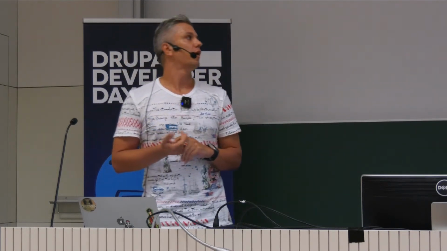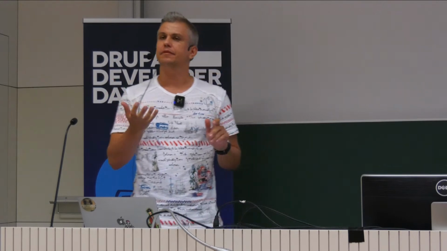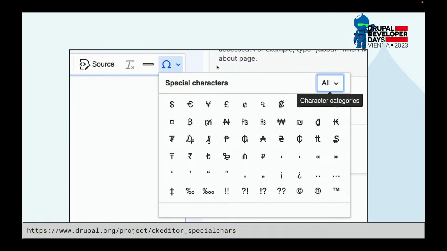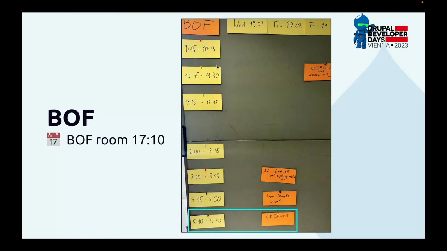He built this module for CKEditor 4, and he said, I don't have enough time, and it's very hard to wrap my head around CKEditor 5. There are too many things to go through, so maybe we can do something about it. If you haven't seen special characters, it's just a drop-down which has some categories, and in CKEditor 5, they're completely different to how they were implemented in CKEditor 4. So that was an interesting thing.